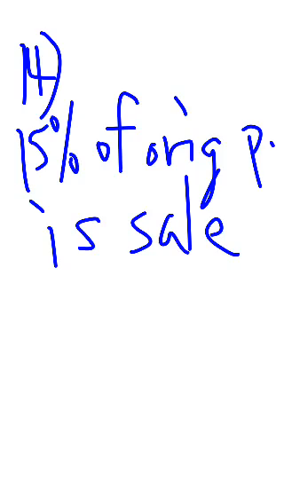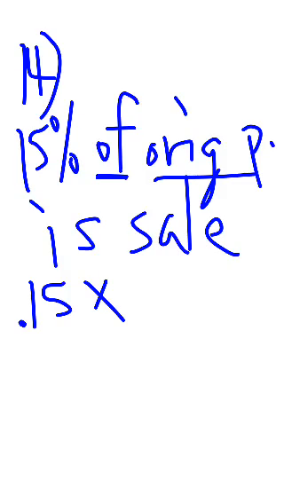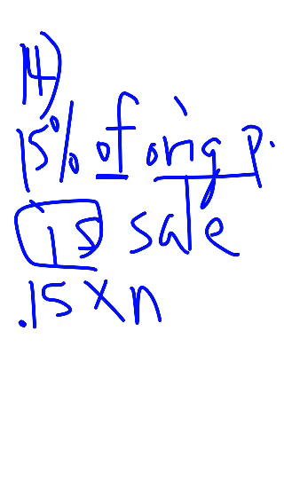Let's translate this and solve. 15%, change that to 0.15. Your of is your times symbol. The original price is what we're looking for, so that's our letter. Your is your equal sign. And the sale price was given as $90.